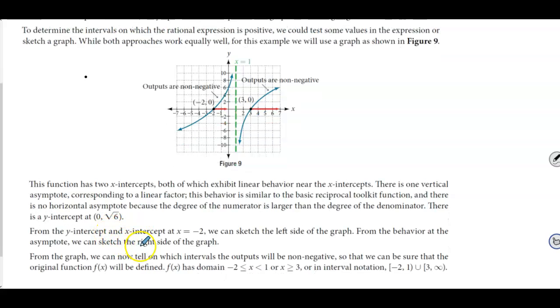Now, from the y-intercept and from the x-intercept at negative 2, we can sketch the left side of the graph. And from the behavior at the asymptote, we can sketch the right side of the graph.